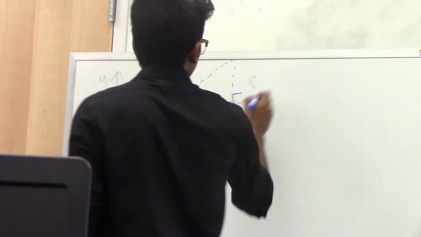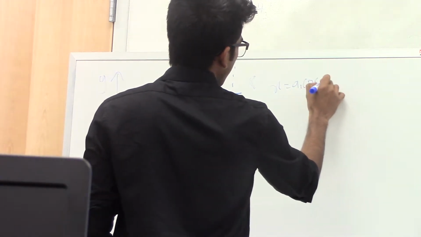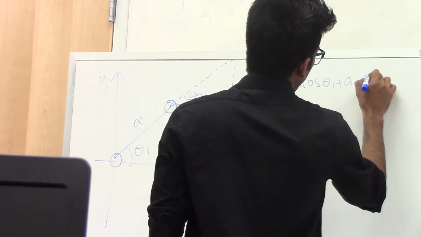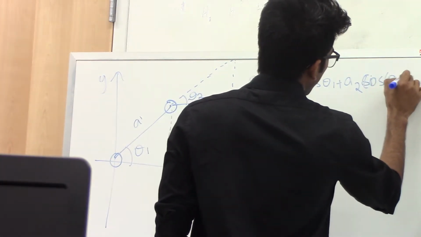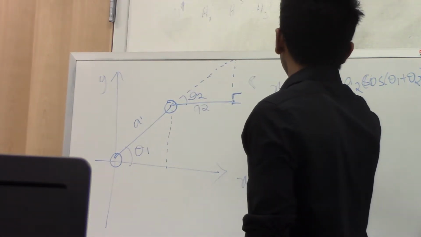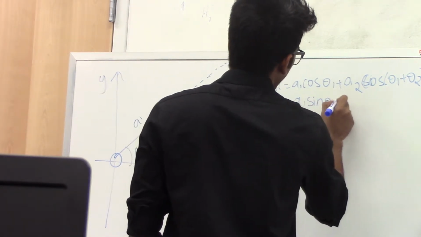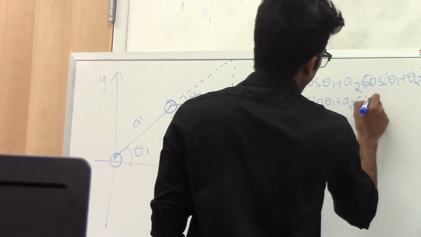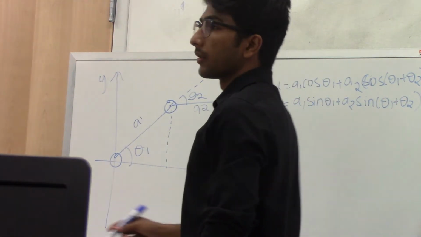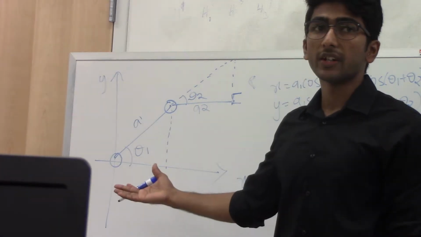So x equals A1 cos θ1 plus A2 cos(θ1 + θ2), and the same with y. This is a pretty simple equation because the manipulator itself is very straightforward.